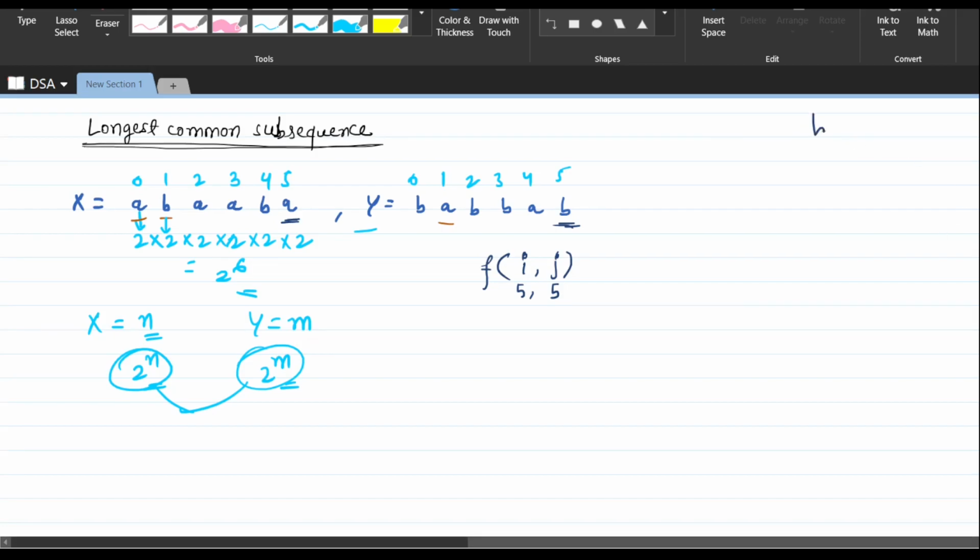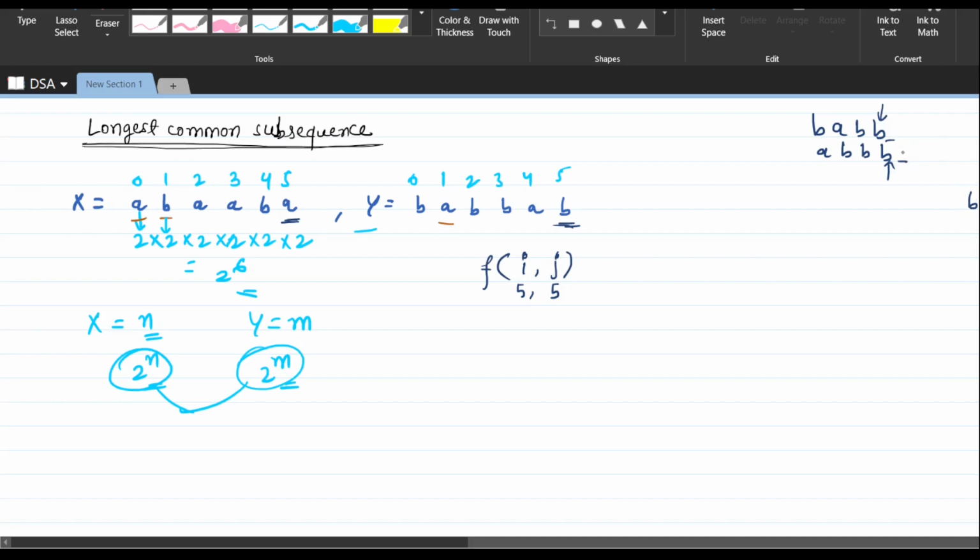For example, if we have BABB and then here we have ABB, and we check the longest common subsequence with i and j here, we can check whether B is equal to B. If B is equal to B, then definitely I can include the B in my solution.